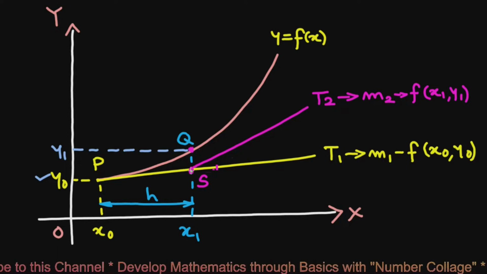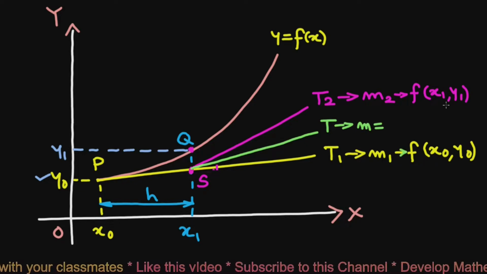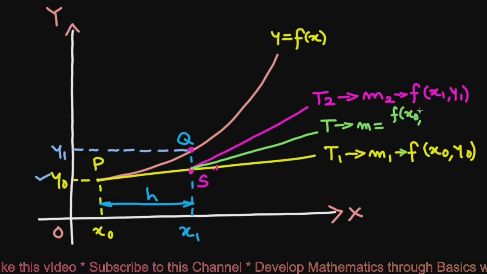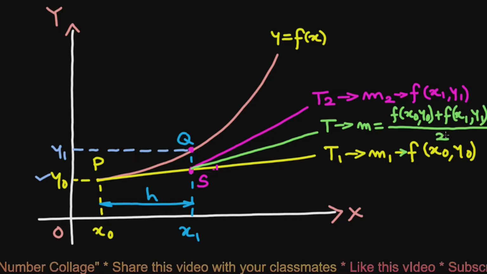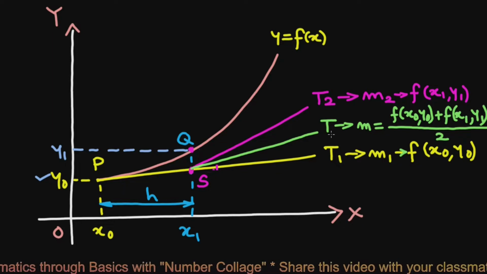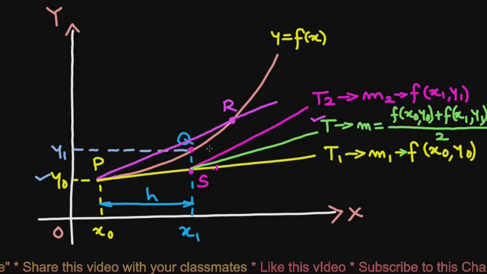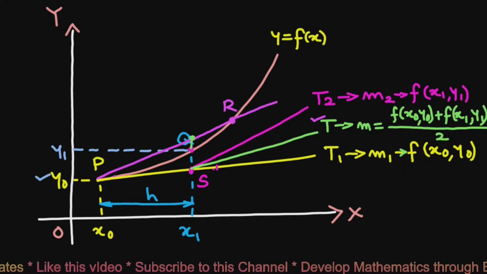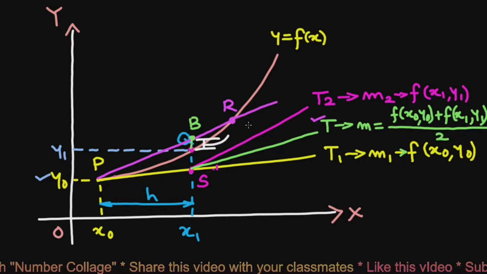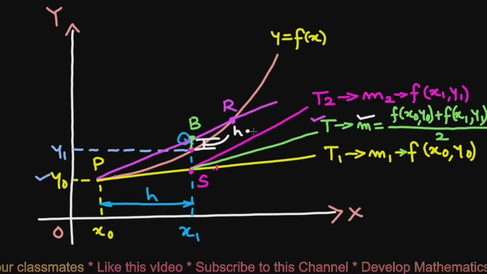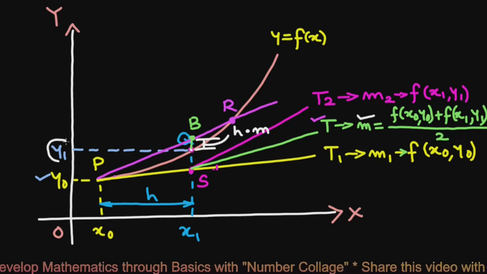Here we draw a line through S, T, whose slope m is the average of these two slopes, that is, f of x0 comma y0 plus f of x1 comma y1 upon 2, and draw a parallel to this T through P, which cuts the curve at R. The vertical line through Q cuts this PR at say point B. Now here QB is the new reduced error, h times this slope m, so that we get a better approximation for this y coordinate of point Q.